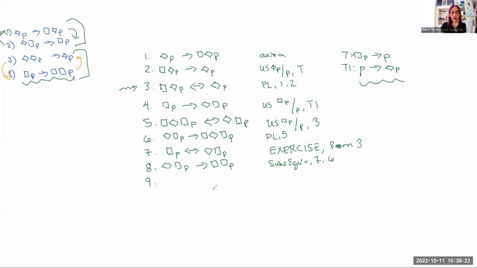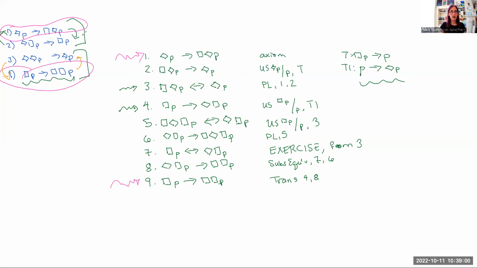But now, if you take a look at what we have here at line 4, this says if necessarily P, then possibly necessarily P. Line 8 says if possibly necessarily P, then necessarily P. Stick lines 4 and 8 together with transitivity, and you have that necessarily possibly P implies necessarily P, which means that if you start from this one, which is what we have right here, you can prove this one.